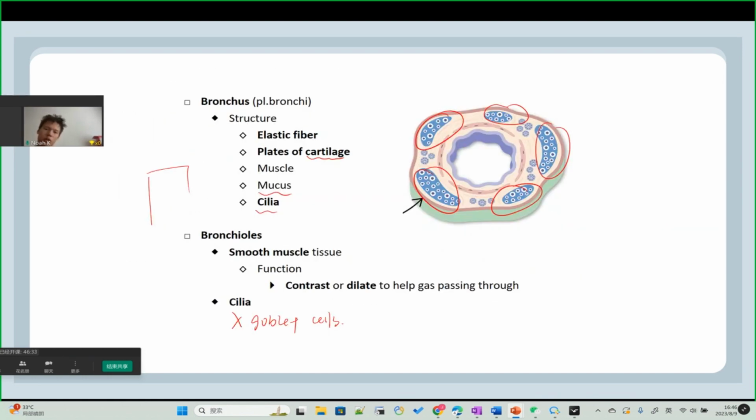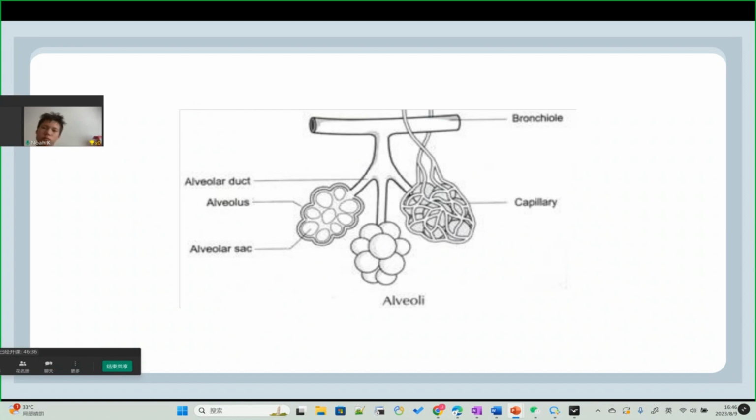After talking about the bronchus and bronchioles, we'll move on to the alveoli. Here's the structure for it. From the bronchiole, the space between the bronchiole and the alveolus is the alveolar duct, connecting these two structures together.